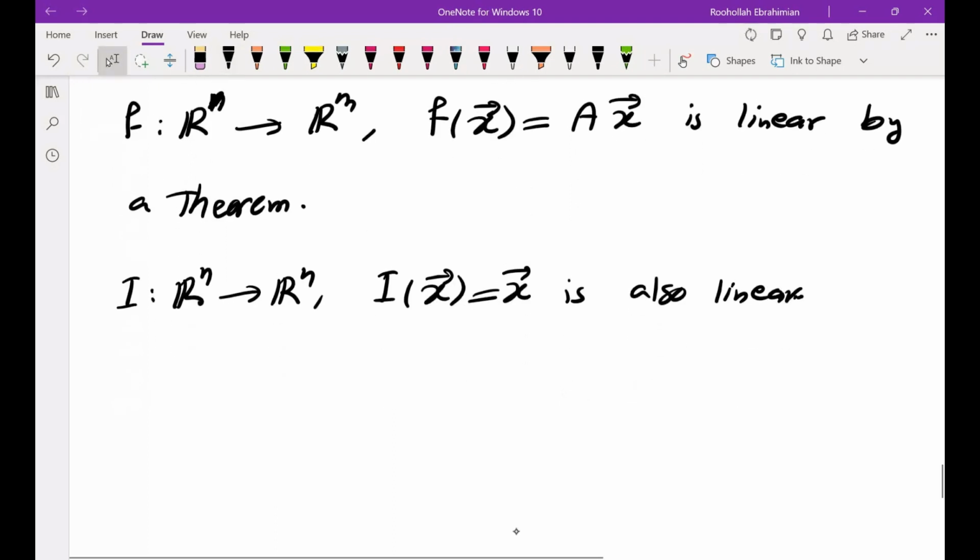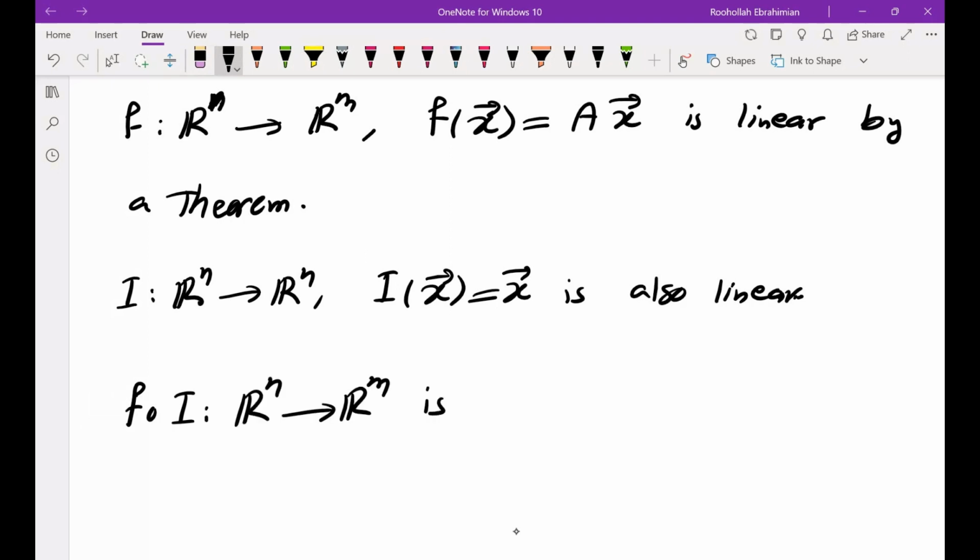Now if you look at the composition, that becomes linear. So f of I is linear if you take the composition. That goes from Rn to Rm. This is linear by a theorem.